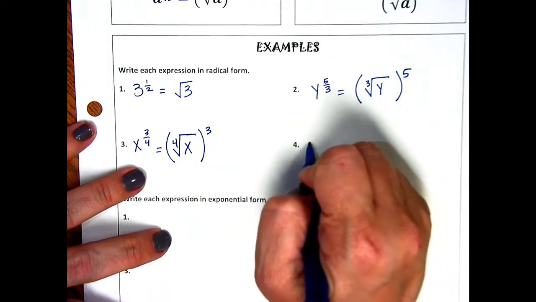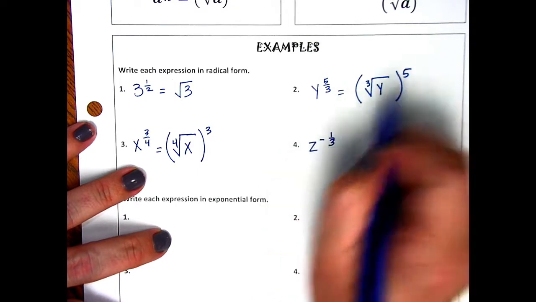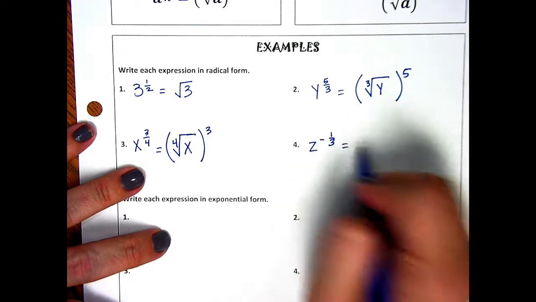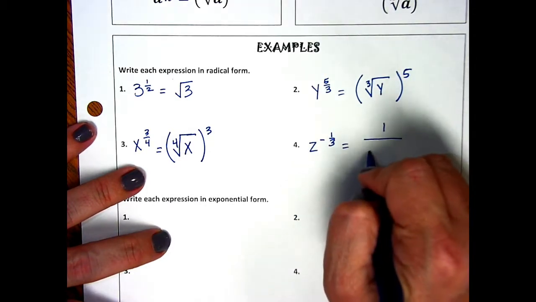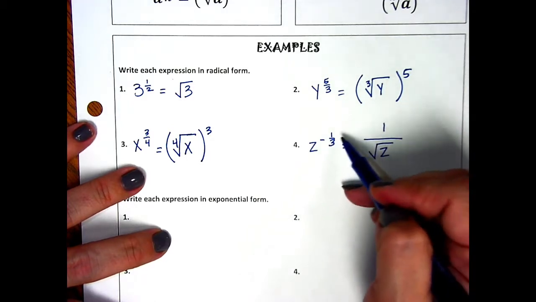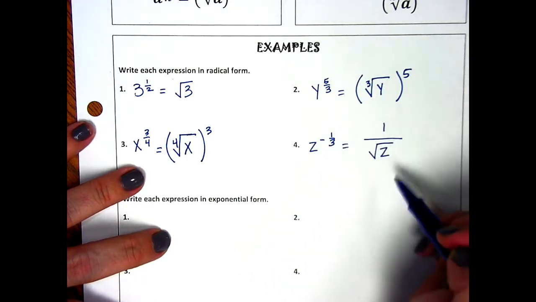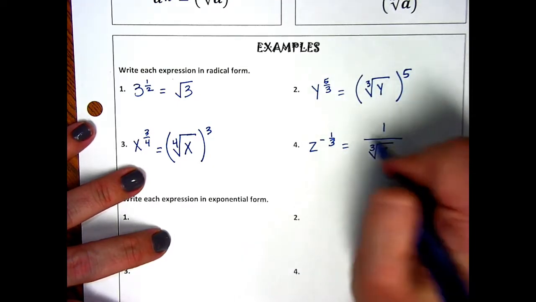Number 4 is z to the negative 1/3. Because it's negative, it means reciprocal, so it has to be under 1. And then I can go ahead and put the z in the radical. My top number is 1, so that would be to the 1st power, so we don't write that. And my bottom number is 3, so that becomes my index.